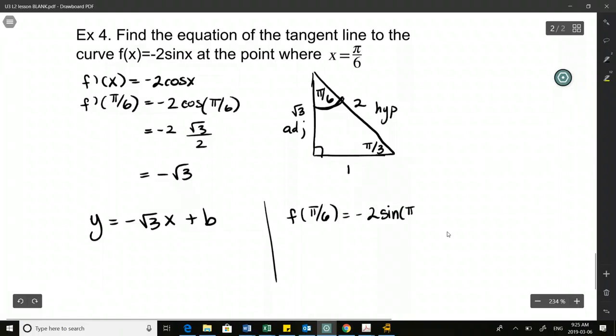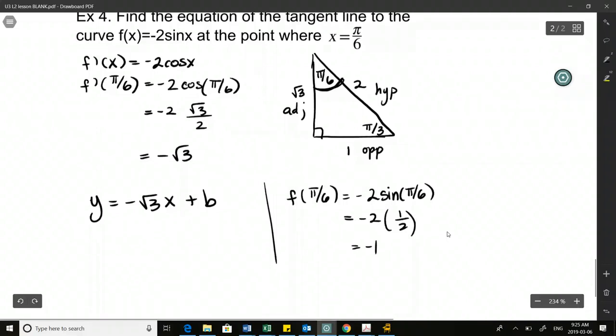And then we'll plug it in to find b in the equation of the tangent. Okay, so our point on the tangent line is pi over 6, negative 1.